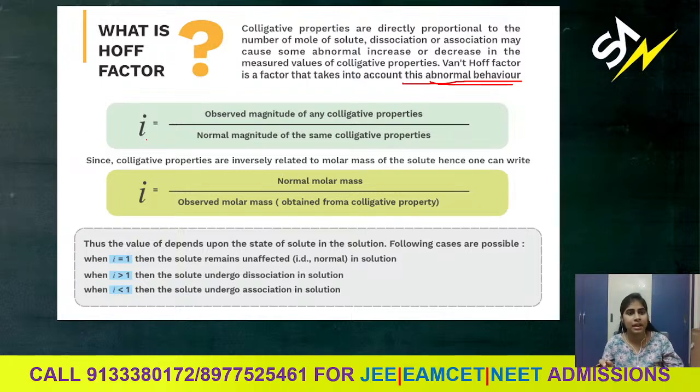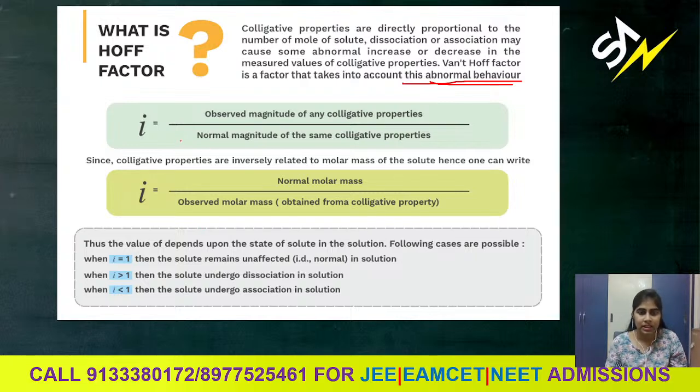That is denoted by i. Here i is equal to the observed magnitude of any colligative property divided by the normal magnitude of the same colligative property. It is the ratio of the observed value to the actual value. When compared with the molar mass, this i is equal to molar mass divided by observed molar mass.